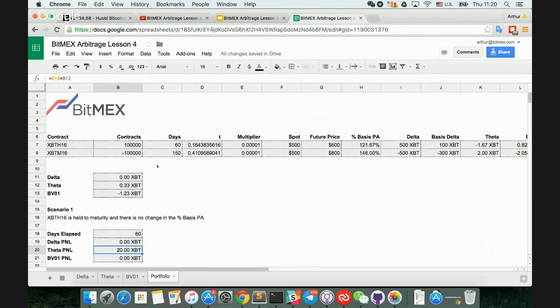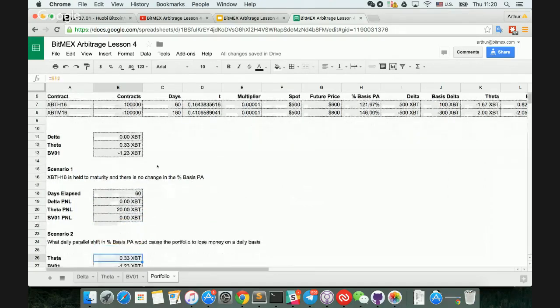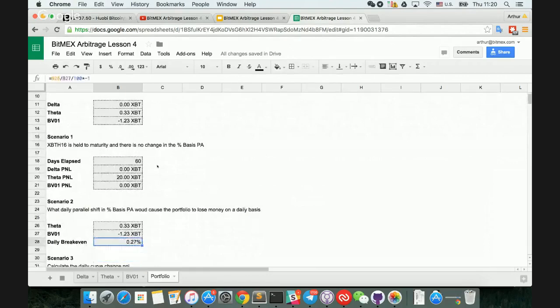Wow, that's great. So now, if that is your trade theory, you know the maximum amount of money that you're going to make from the perfect outcome of your trade, i.e. nothing changing and time just elapsing. Second scenario, what if there's a daily parallel shift in the percentage basis per annum, and you have mark-to-market gains or losses?